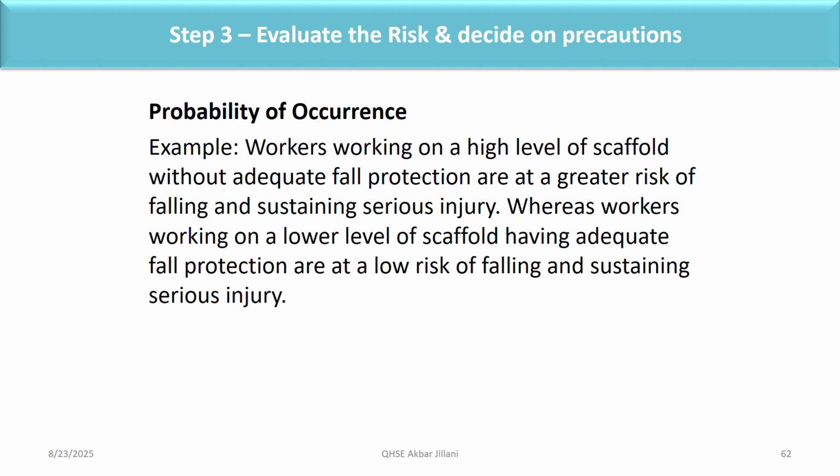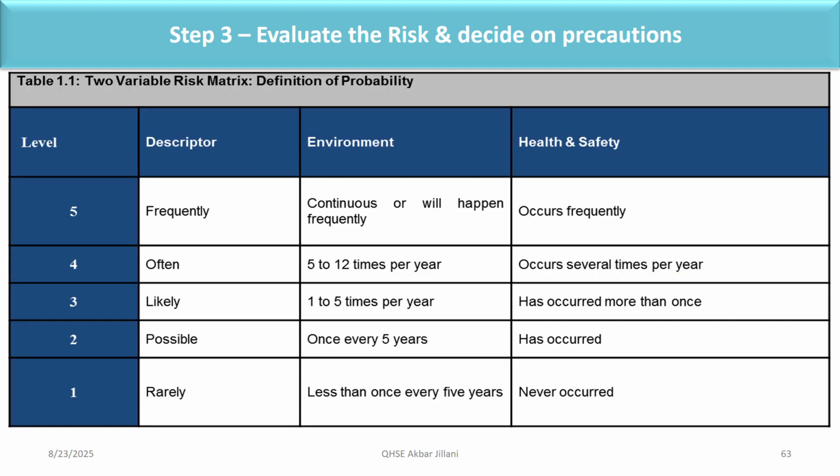The distance is also less, so they are more secure as compared to the high level, because over there the scaffold is without adequate fall protection and there is a greater risk of falling and sustaining serious injury.